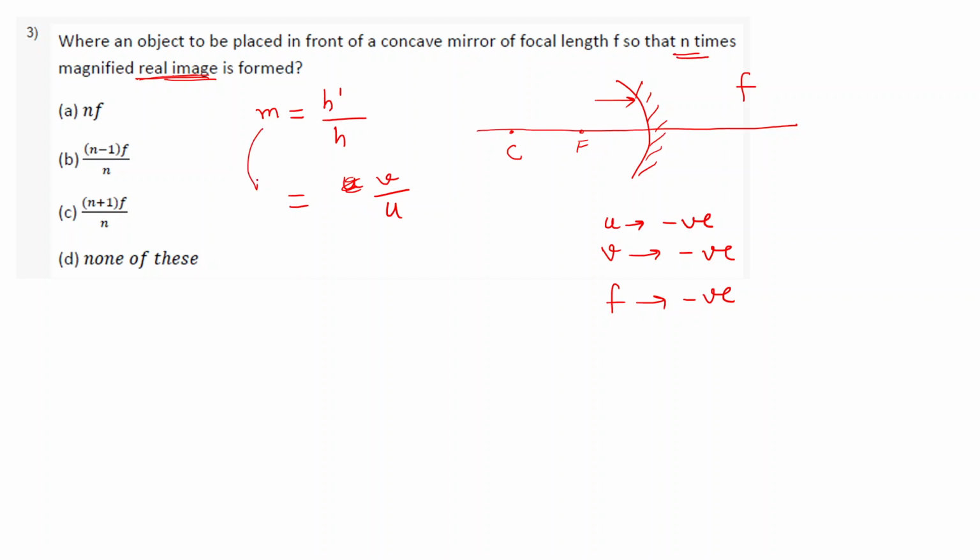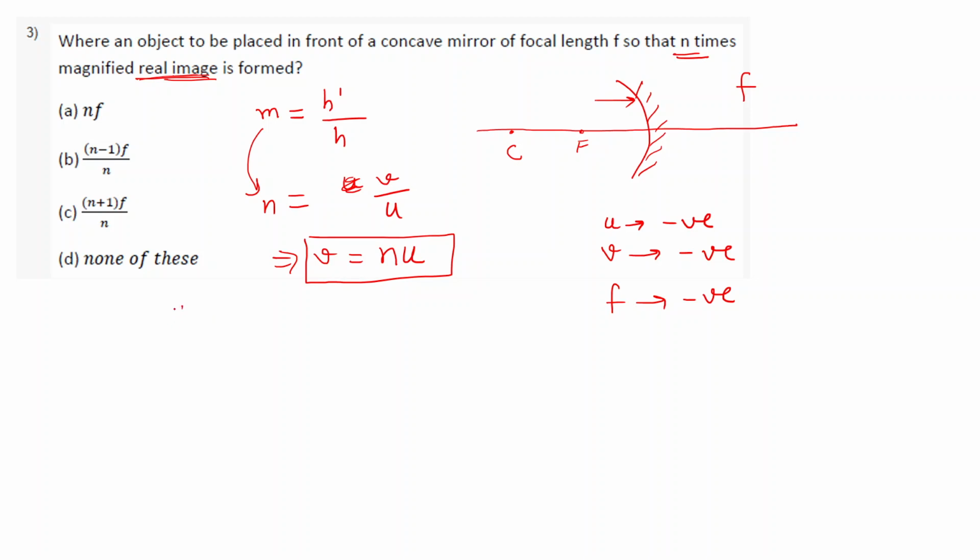From this we want magnification to be n times. They have not given any number, they have just said the magnification is n times. That means the image distance is equal to nu, right? This relation we get from the magnification condition given.